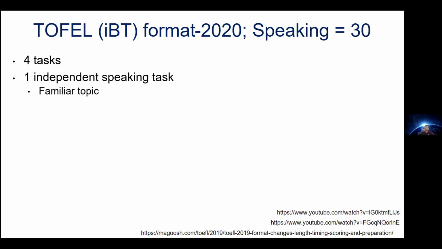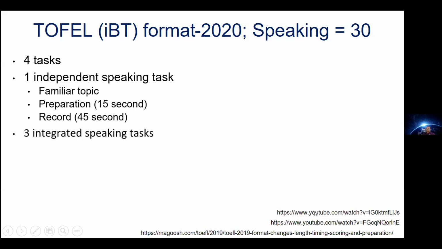They would give you a familiar topic, then you prepare for 15 seconds, and then you record your response within 45 seconds. I highlighted a few of the links from YouTube, so please go through those, and these would be important from your preparation point of view.